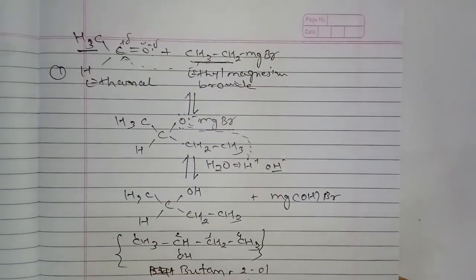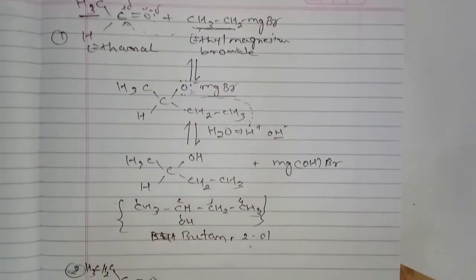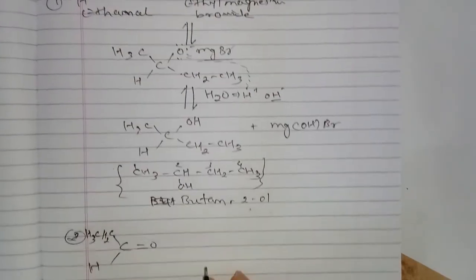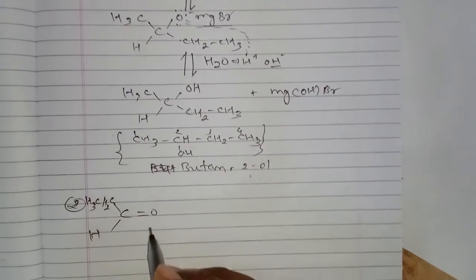Now ethyl is attached here, CH3CH2 or ethyl group is attached, and here CHO, and it is named as propanal.